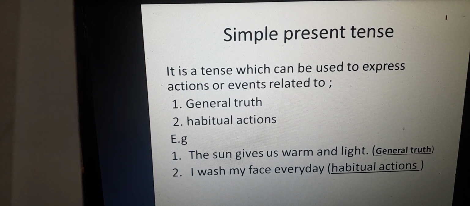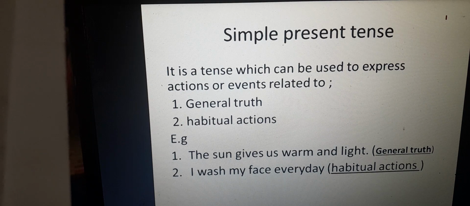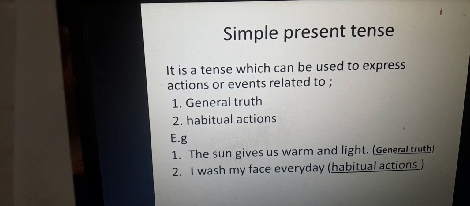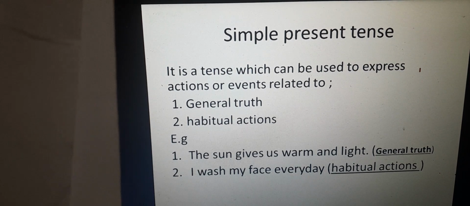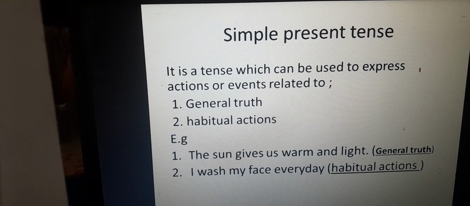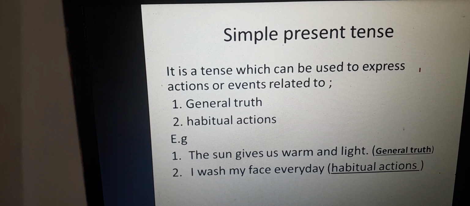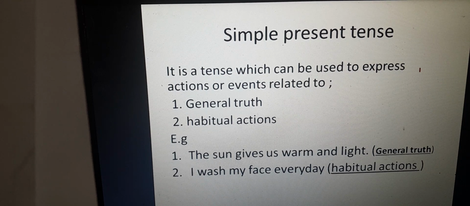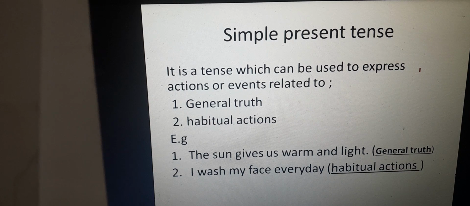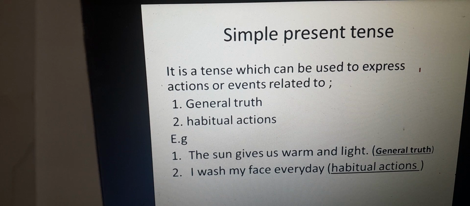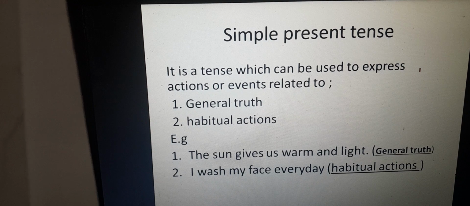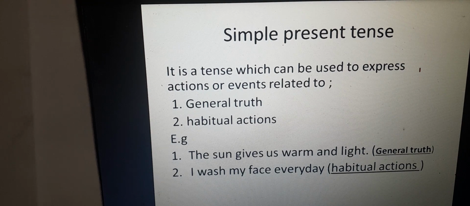This lesson has incorporated the concept of simple present tense and the form or structure that we are going to use to make sentences and to express our ideas using the simple present tense, as well as when we are trying to make sentences using this simple present tense, there is a form that we are expected to use.